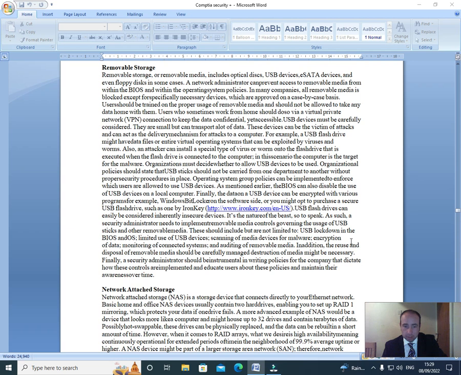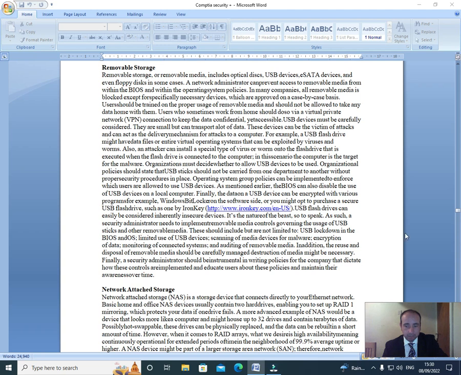USB flash devices can easily be considered inherently insecure devices. It's the nature of the beast, so to speak. As such, a security administrator needs to implement removable media controls governing the usage of USB sticks and other removable media. These should include, but are not limited to, USB lockdown in the BIOS and OS, limited USB devices, scanning of media devices for malware, encryption of data, monitoring of connected systems, and auditing of removable media.